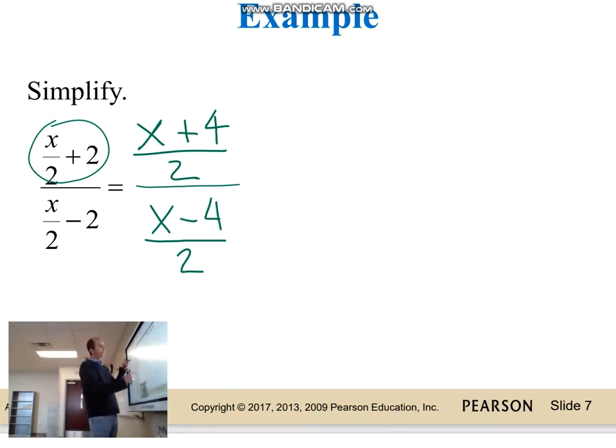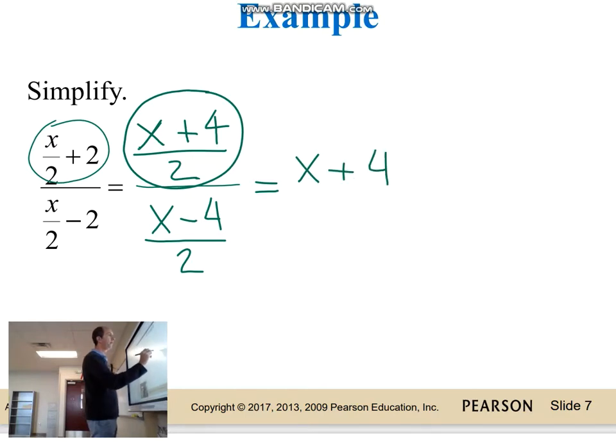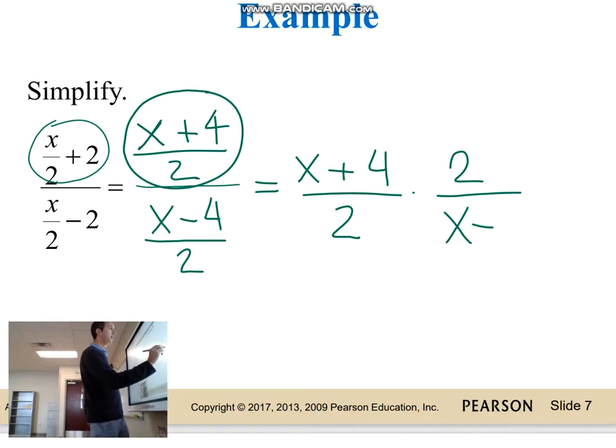We are dividing two rational expressions, and remember, to divide rational expressions, we keep the first one. So this is the first one, we keep it, x plus 4 over 2. We change the operation into a multiplication, and then we flip the second rational expression, 2 over x minus 4.